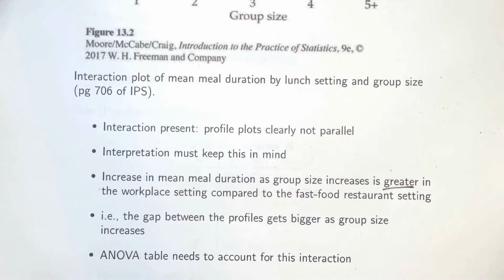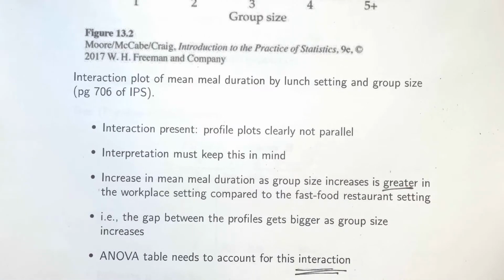Because we see this difference, the effect of group size on eating time depends on the setting, or the effect of the setting on meal times depends on how many people are eating. Because of those differences, we need to account for that. That's actually what we mean by an interaction, and it needs to be accounted for in our ANOVA table.